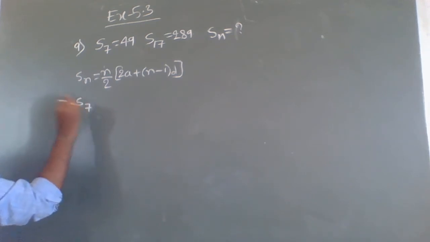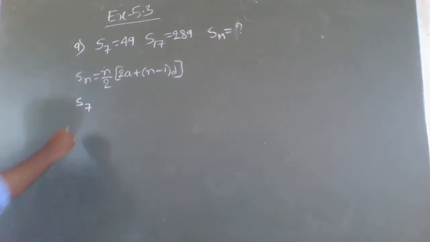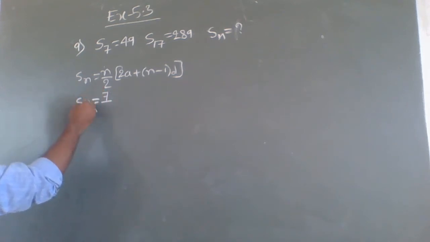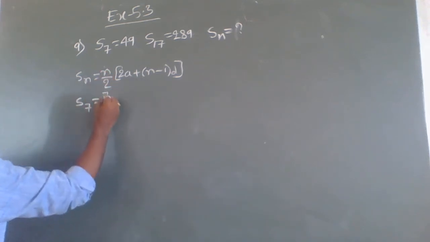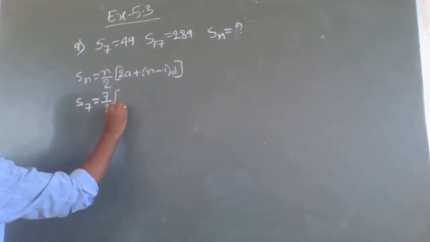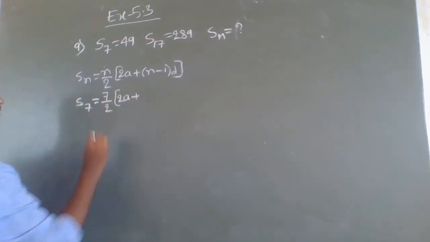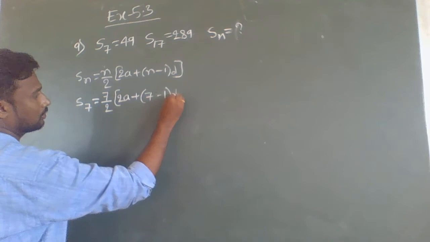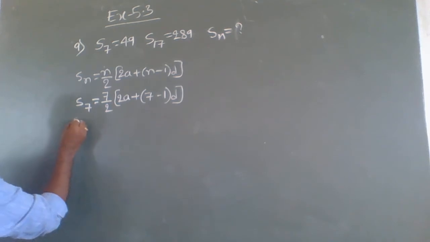S7 is equal to, what is the n value now? 7, because I considered S7 as Sn. So 7 by 2 into, we don't have the value of a, plus n, which is 7, minus 1 into d. We don't have the value of d also. Okay. So now what can I do?